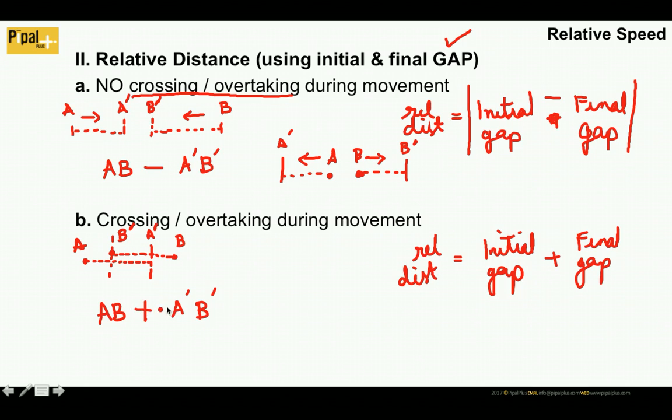So you will always arrive at the right answer if you just use this simple methodology of figuring out whether they've crossed each other or not. In terms of knowing the gaps, if they've crossed, just simply go ahead and add the gaps. If they've not crossed, just go ahead and deduct the smaller gap from the bigger gap.